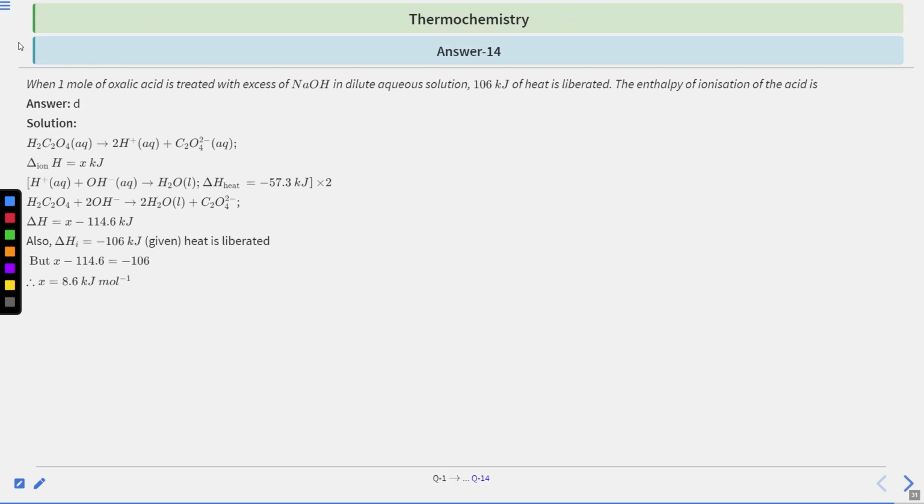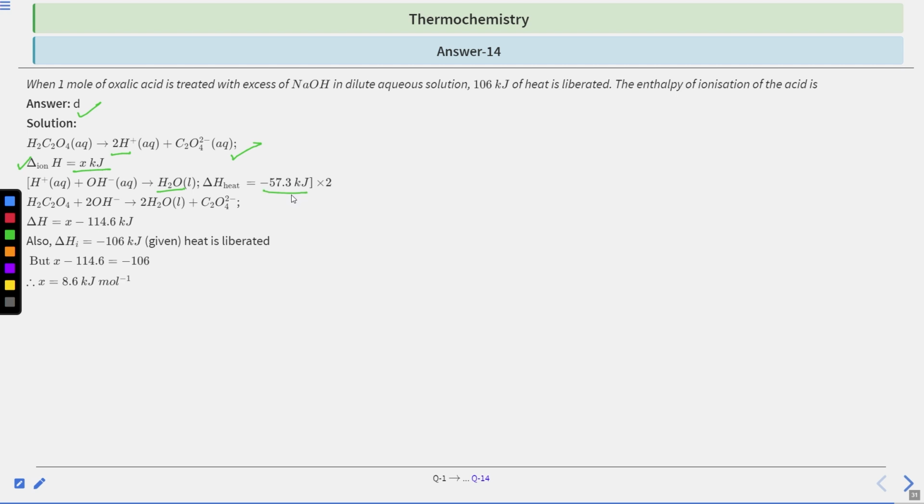Okay, so the correct answer is option D. So here is the equation. We have oxalic acid and it will undergo ionization, giving 2H+ and C2O4 2-, right? So the enthalpy of ionization is given as X kilojoule. So H+ plus OH- forming H2O, and the enthalpy for this reaction is minus 57.3 kilojoule.